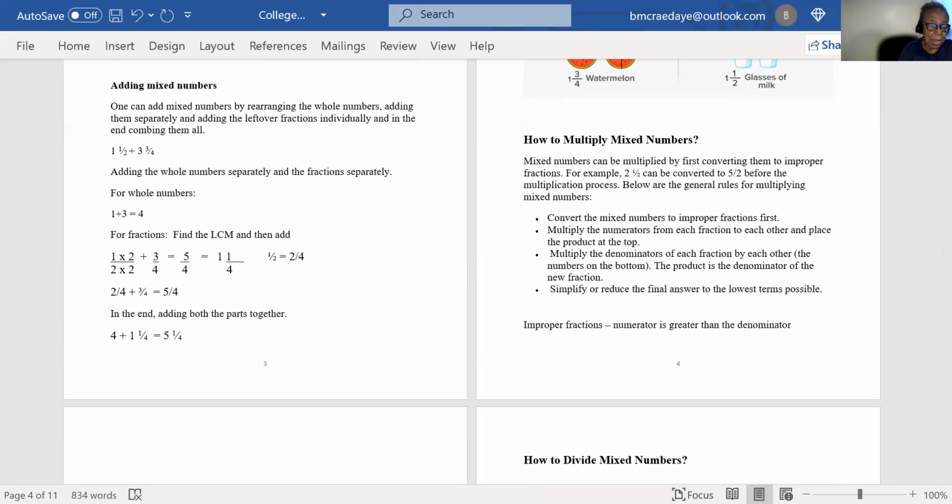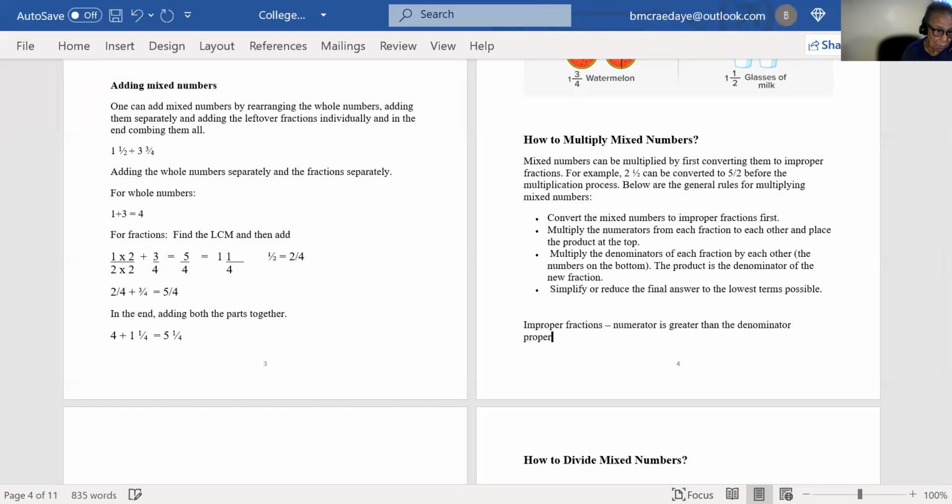Remember, the numerator is the one on the top, and on the bottom is the denominator. So when the numerator is greater than the denominator, that's an improper fraction. In a proper fraction, the numerator is less than the denominator. So let me just put that here.